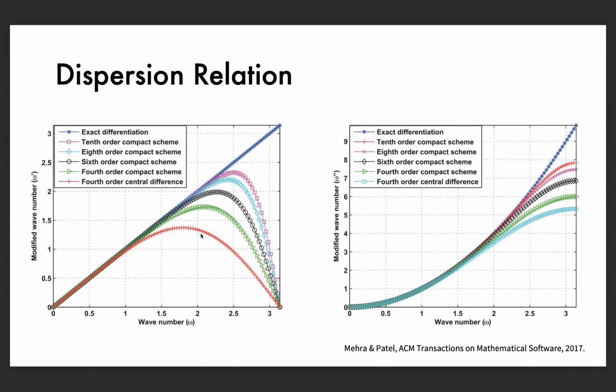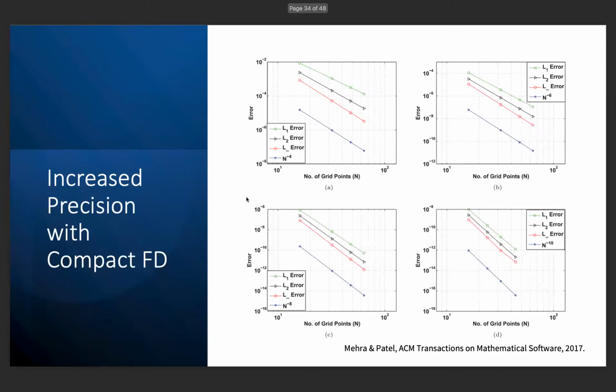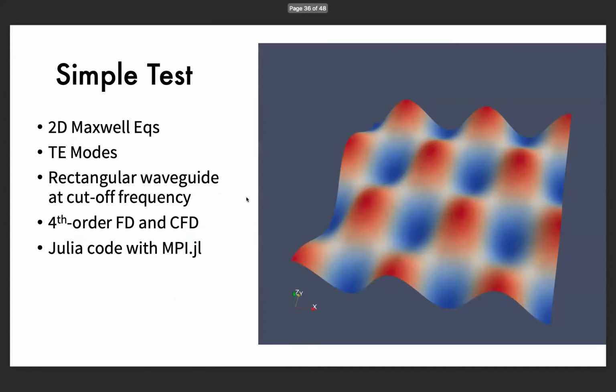What this shows is, depending on the frequency of modes in a function, an explicit scheme does well at low frequency, where it's matching that diagonal line that would be the exact solution. But at high frequencies, it's damping those modes off. At some point, of course, you want to do that, but the compact stencils capture this higher frequency information better. I'm going to skip that in the interest of time.